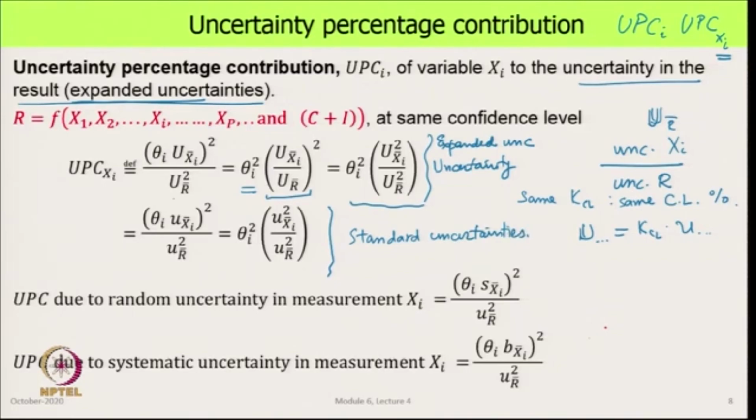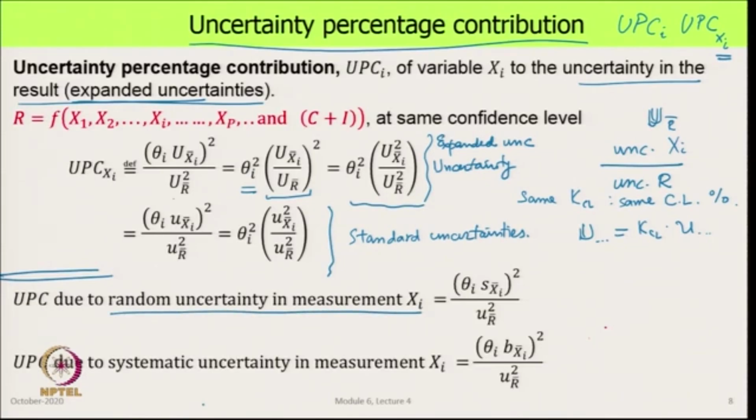So, that is the definition of uncertainty percentage contribution. Now, we can further classify these in terms of their breakup in terms of random and systematic uncertainties. So, UPC due to random uncertainty in the measurement xi, its contribution to the total uncertainty in the result is theta_i S_xi bar squared upon u_r bar squared.